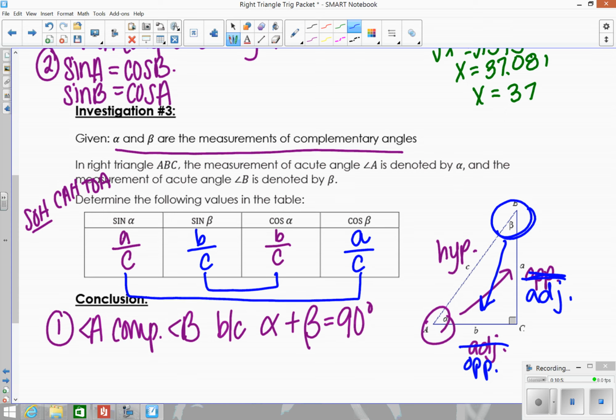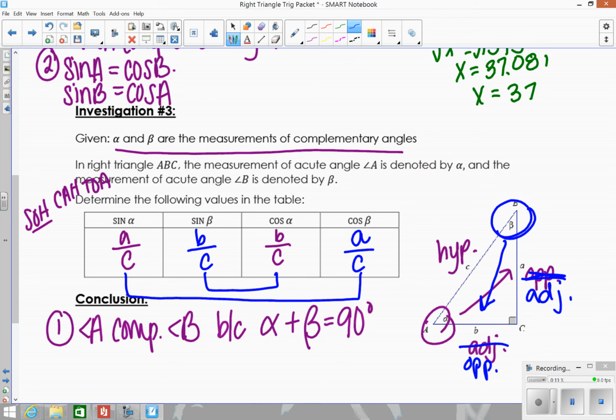And this basically shows you that this is always going to be the case because we don't have any numbers here. So whatever numbers we plug in for A, B, and C will always hold true as long as those angles are complementary, which the only time wouldn't be the case is if you don't have a right triangle.